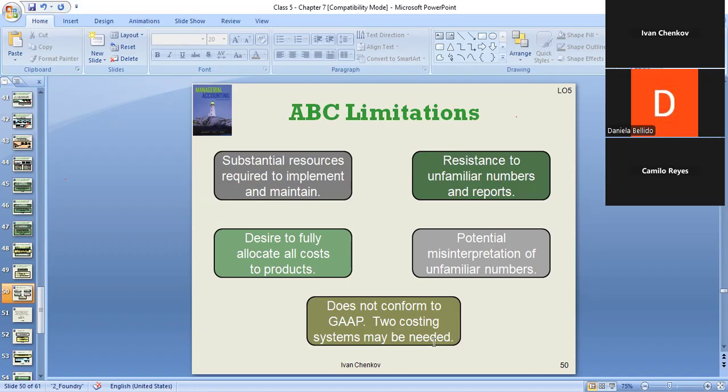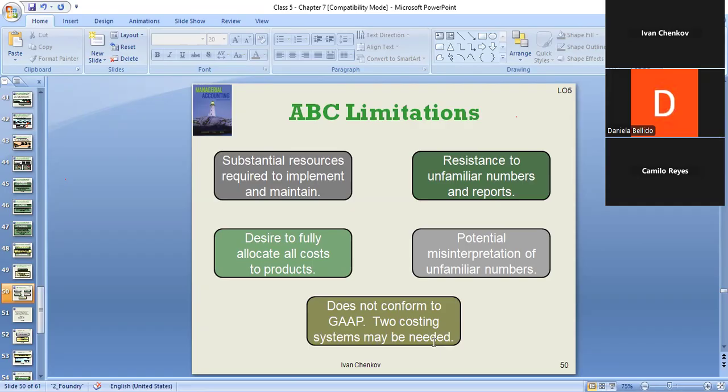So you might feel that some people don't want to cooperate on activity-based costing, allocating the activity cost pools. Why? Because the management may see what they're actually doing. For that reason, they're going to do everything, not to sabotage, but not to cooperate after implementing an activity-based cost system.